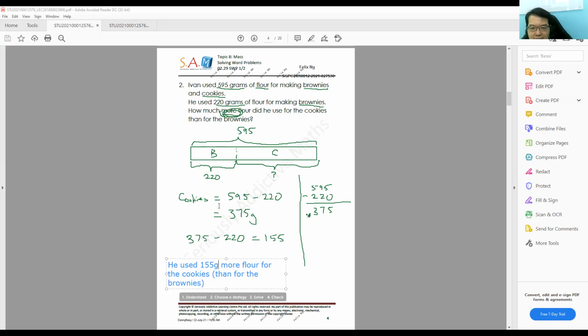Okay, if you need more time, please pause now. Otherwise, I'll be moving on to the next question very soon. Please pause now if you need more time to write this. Remember, drawing the model is very important.